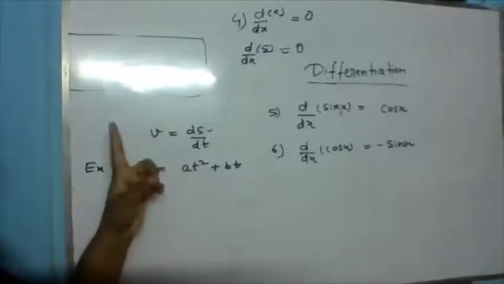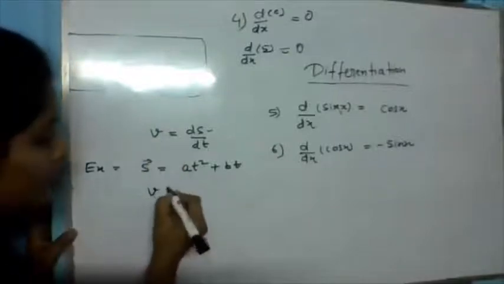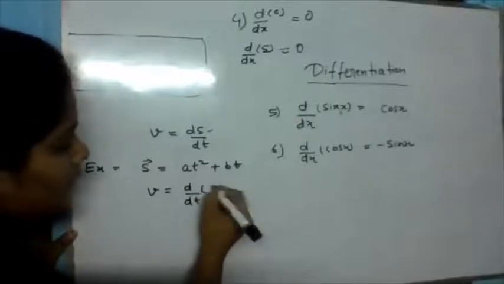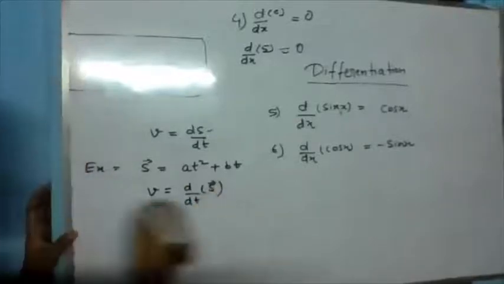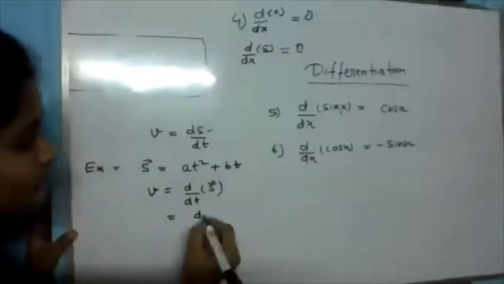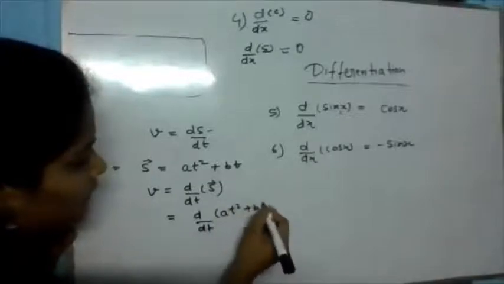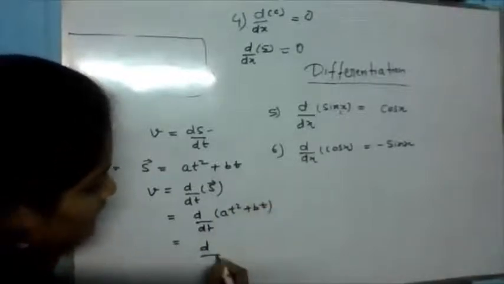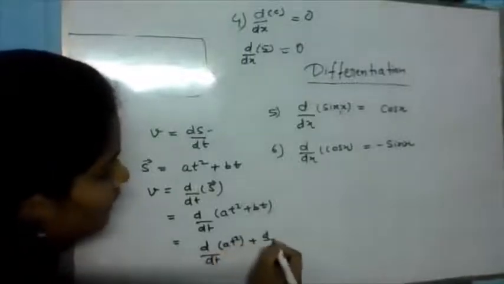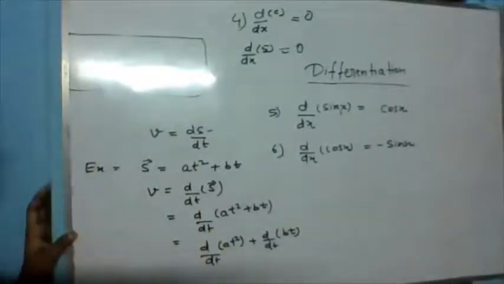And now we have to find out the velocity. So we have to apply this formula, d upon dt, on the position vector. Now a and b both are constants here. d upon dt of a t square plus b t. So we can write d upon dt of a t square plus d upon dt of b t.